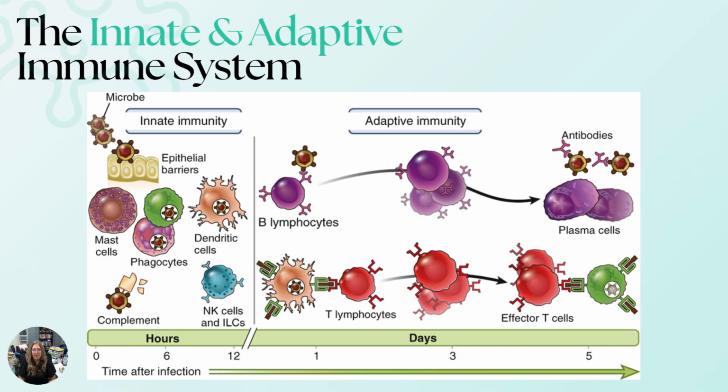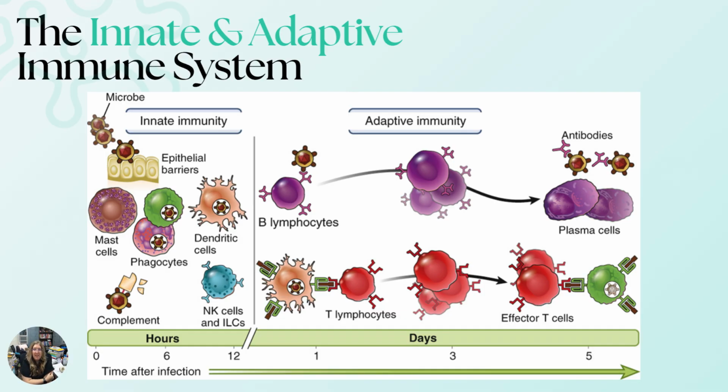But look what happens over time, right? Now the B cells and T cells start becoming involved, and they start activating and expanding. The B cells then differentiate into those plasma cells, and those T cells then develop into effector cells. So the innate immunity buys us time.